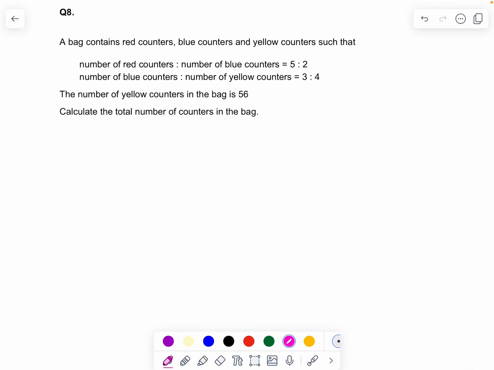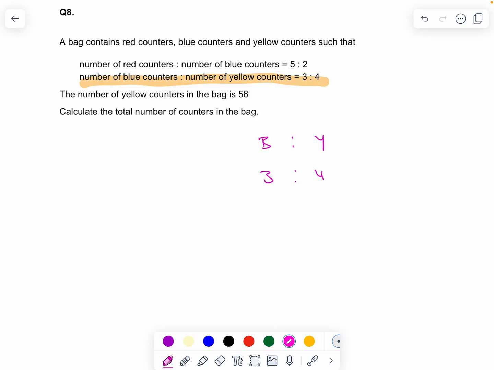Right, question 8. Again, a few ways you could have done this. I'm going to show you one way, but some of you got this correct doing it a different way. I know that the ratio, so I'm going to use this information first, of blue to yellow is 3 to 4.